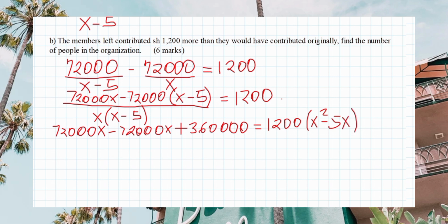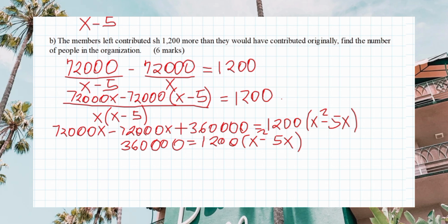If you put 72,000x minus 72,000x, that becomes 0, and you are left with 360,000 equals 1,200 in brackets x squared minus 5x.